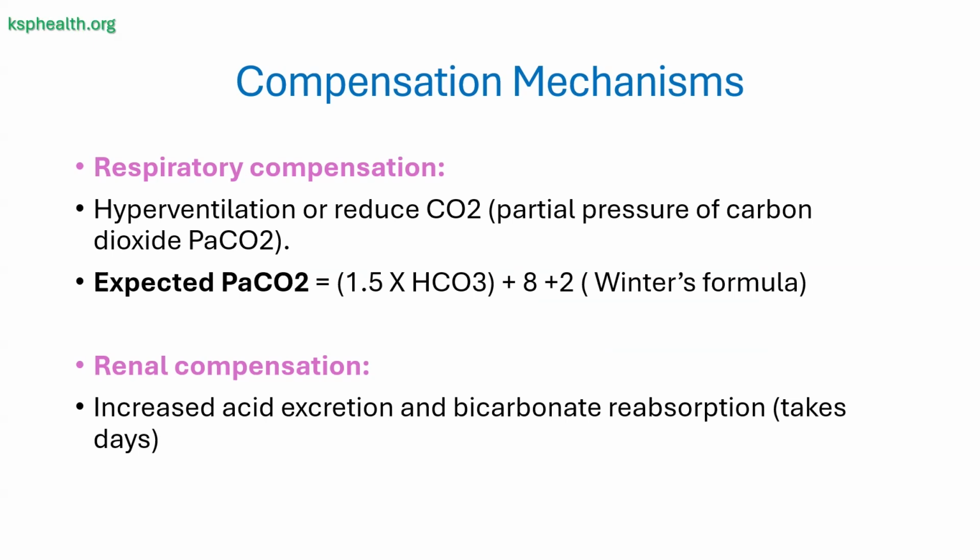The expected PaCO2 for a given bicarbonate is equal to 1.5 times bicarbonate plus 8, plus or minus 2. That's Winter's formula. Renal compensation takes days. It's because of increased excretion of acid and bicarbonate reabsorption. So only in chronic acidosis does renal compensation play a practical role, but respiratory compensation happens right away.